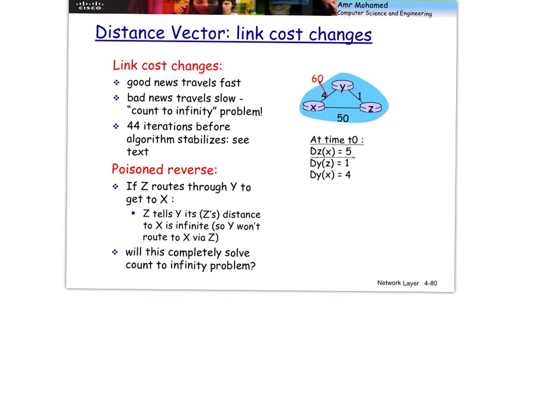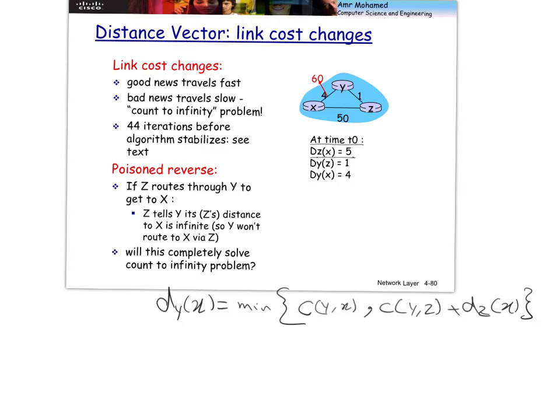So now Y will try to calculate its distance to X. So this is again the minimum of the cost from Y to X, or the cost from Y to Z plus the distance from Z to X. So this is the minimum of 60, or 1 plus 5.